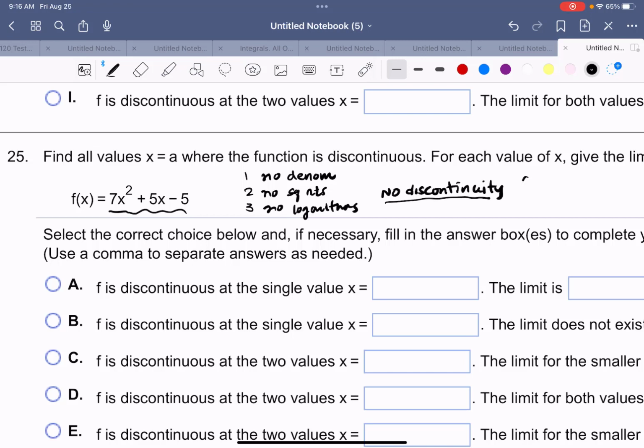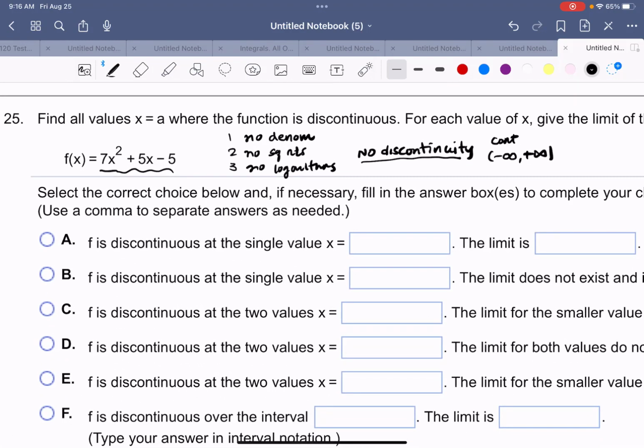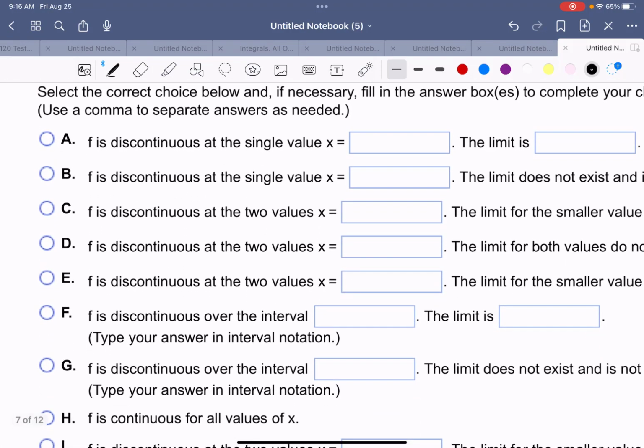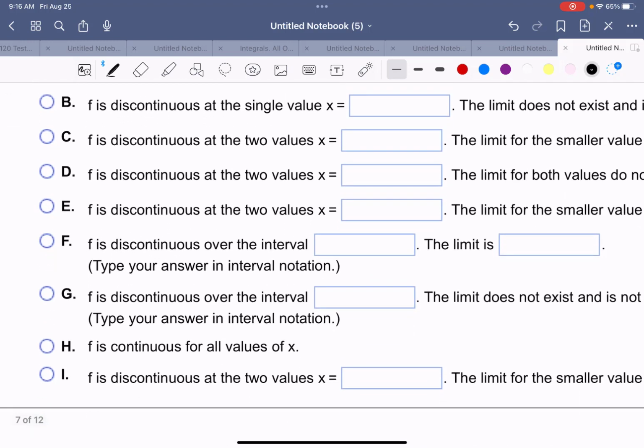That means it's continuous from negative infinity to positive infinity. In other words, I can substitute any value for x into this function and I will get a real number result. So we're going to find the one that says it's continuous for all values of x.